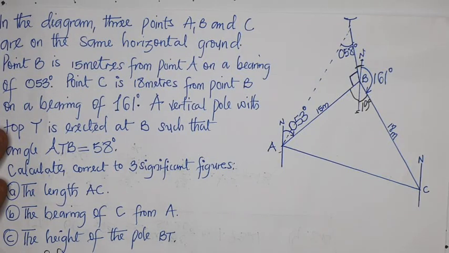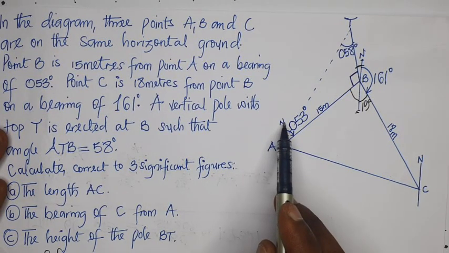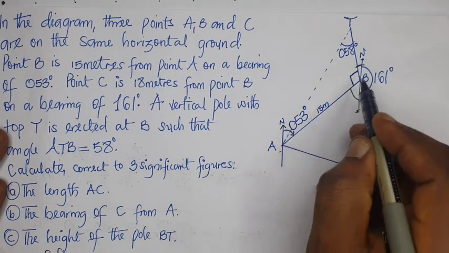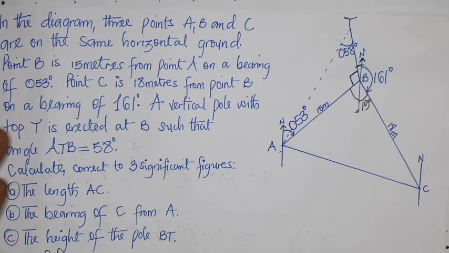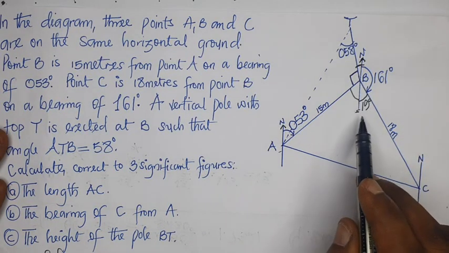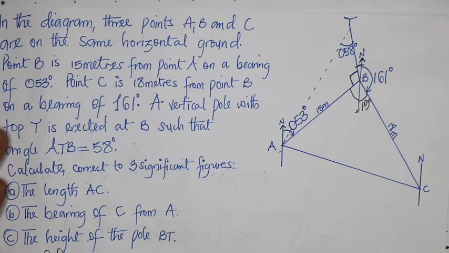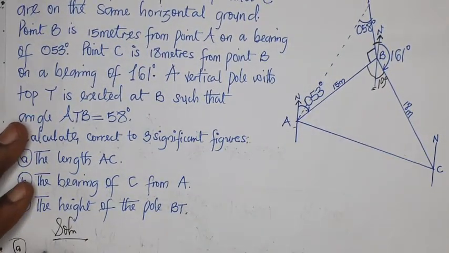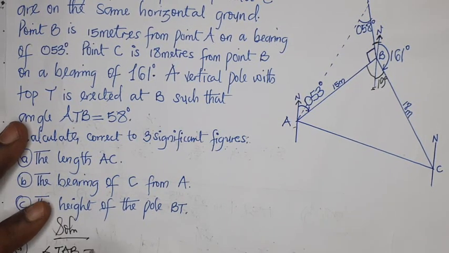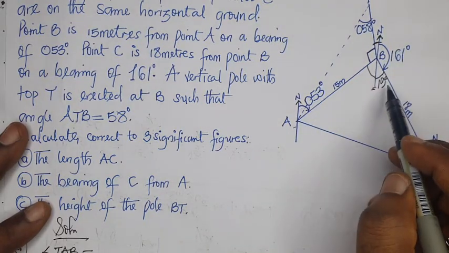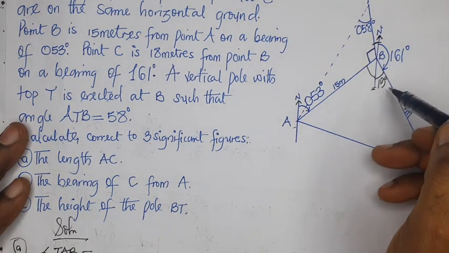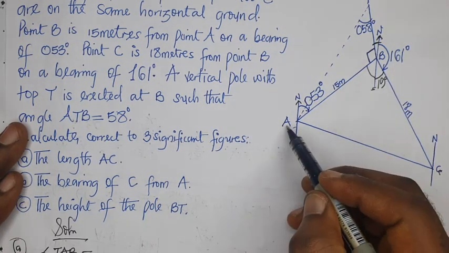Now take a look at this. This is N, the north, and this is N, the north. This line heading to north and this line heading to north are parallel lines. So what it means is that the angle 53, I mean the angle TAB, let's write it down here. Notice from this that the angle TAB is equal to the angle ABS.